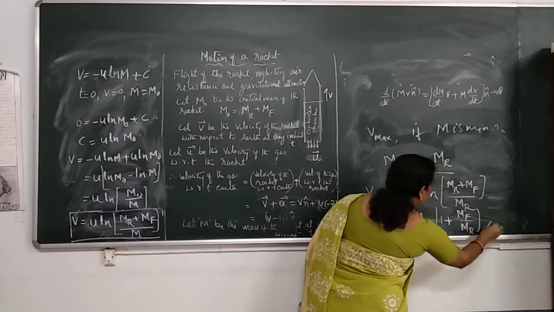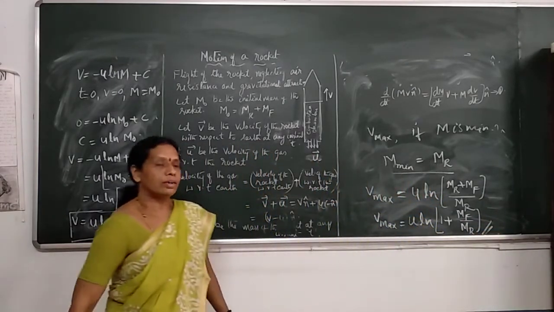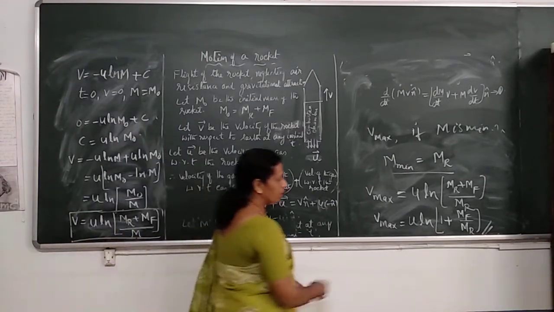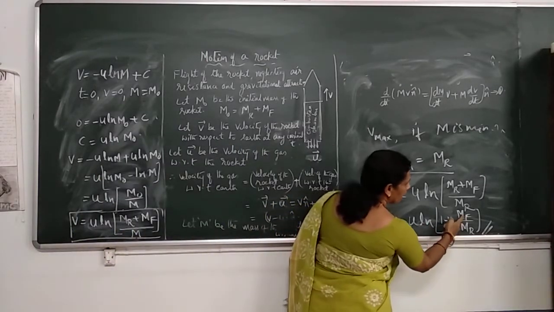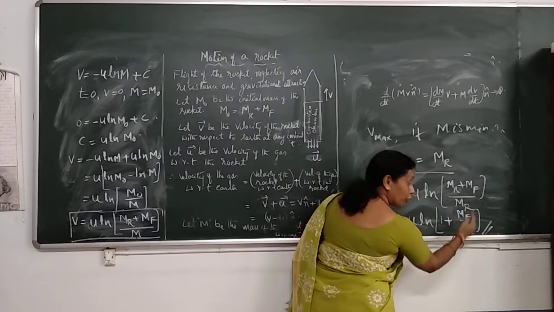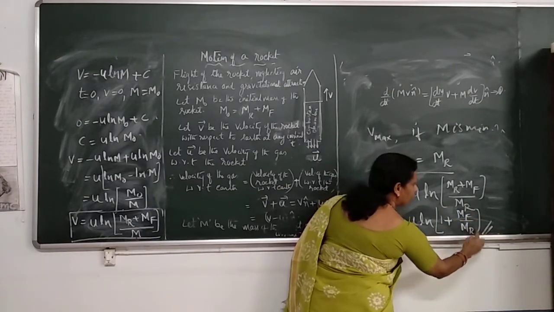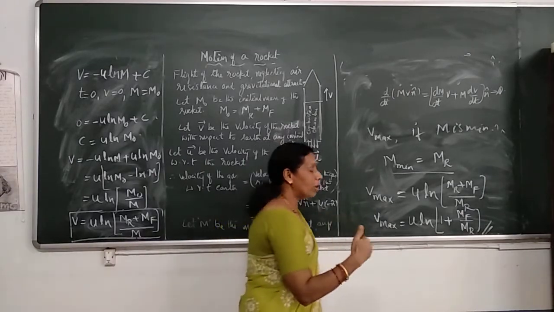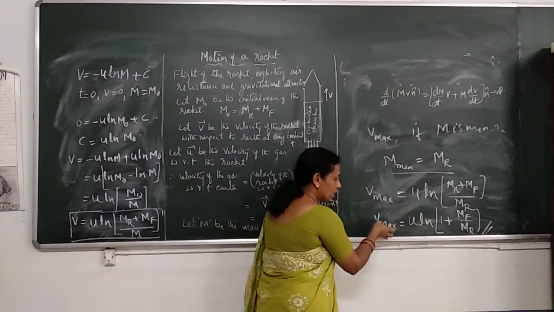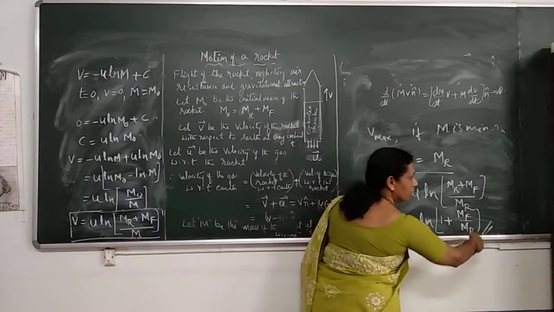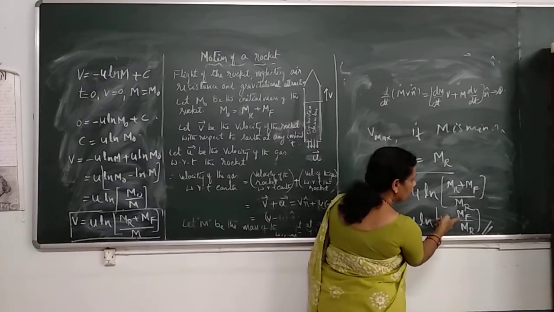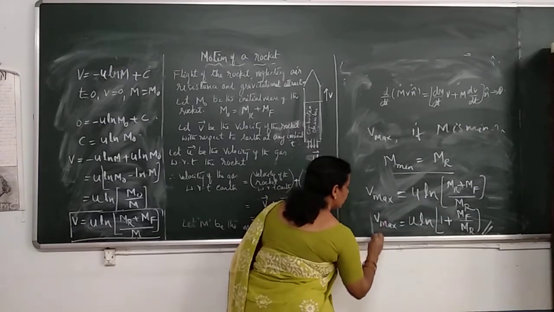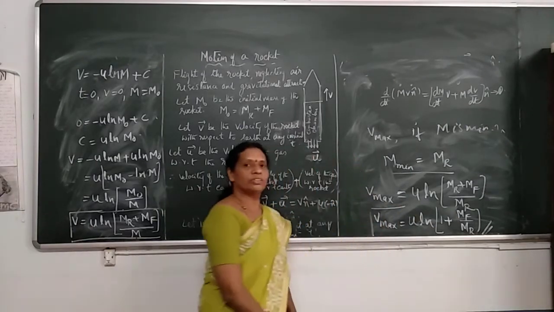This is the expression for the maximum velocity attained by the rocket, and v maximum depends on mf and mr. If the ratio mf by mr is increased, velocity is also increased. So one can increase the velocity by increasing this ratio, which mainly depends on either decreasing mr or increasing mf. This is the expression for the final velocity of a rocket.